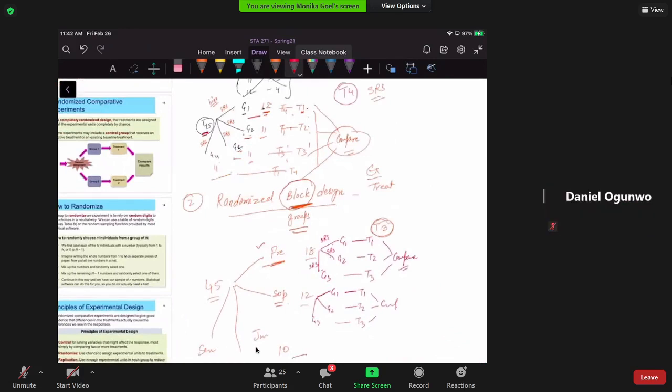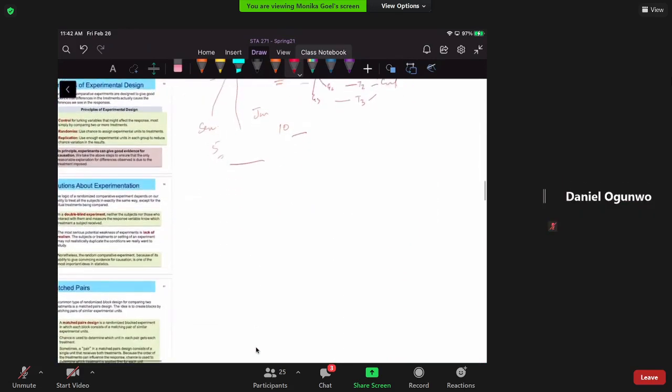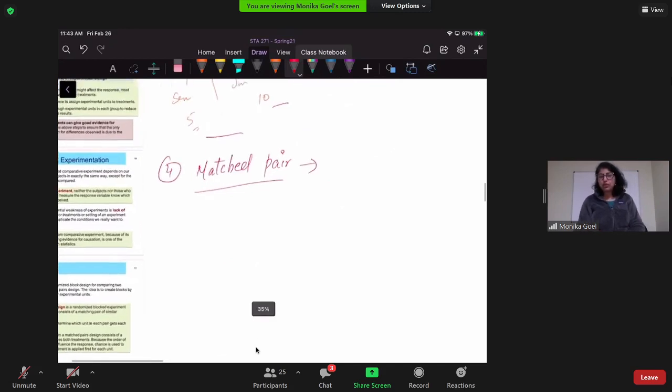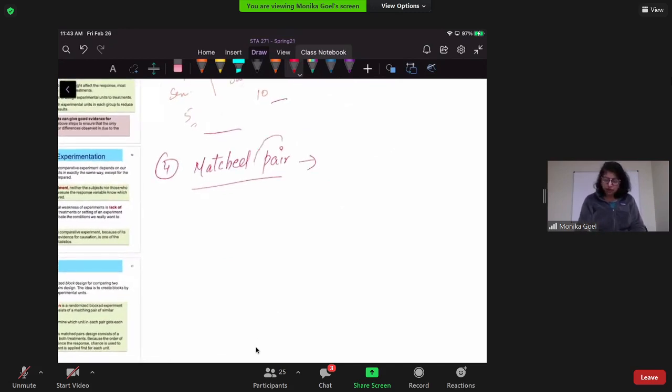Questions? Okay, the last one is your matched pair. And again, as I said, here we are just talking a little bit about matched pair design, but we are doing more work on this in later chapters. When we are talking about matched pair, first thing, what does pair mean? Two, right?